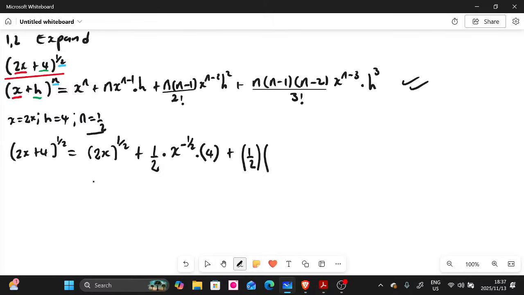We said half minus 1 is actually minus half, guys. Use your calculators there if you do have a calculator. And then this is divided by 2 factorial. And then we have this part where we have x to the power of n minus 2.